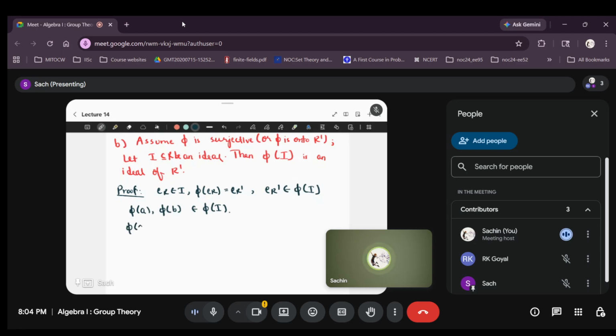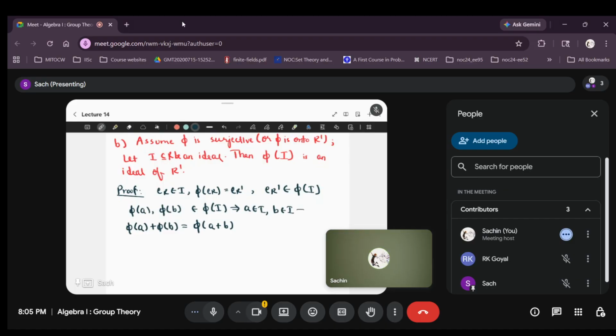What is phi of A plus phi of B? This is phi of A plus B because it is a ring homomorphism. Phi of A and phi of B are in phi of I, which implies that A is in I and B is in I. Correct?